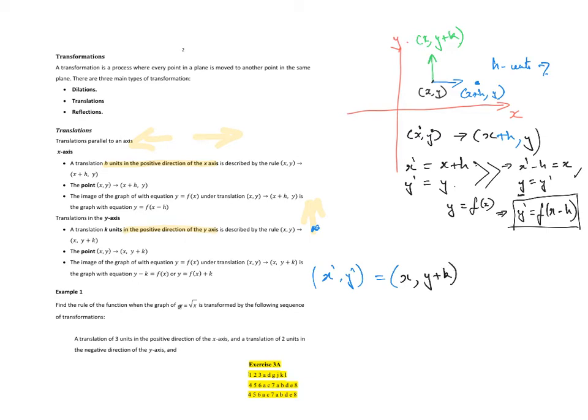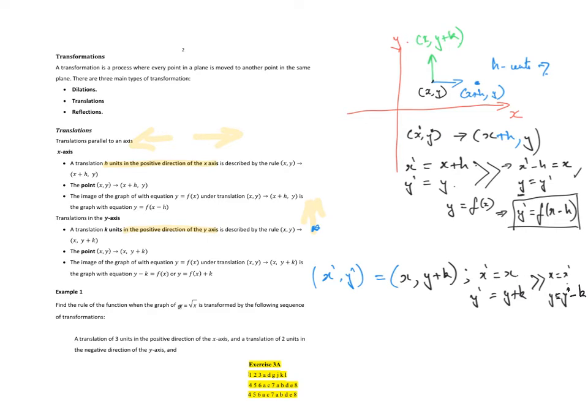So our little relationship here, we have x dashed is still equal to x, but y dashed is equal to the old y value plus k. So if we rearrange those, I get x is equal to x dashed, y is equal to y dashed minus k, because we take that across.